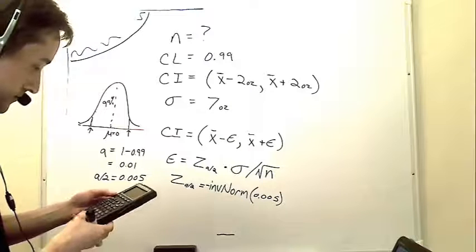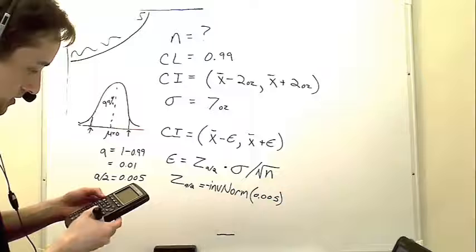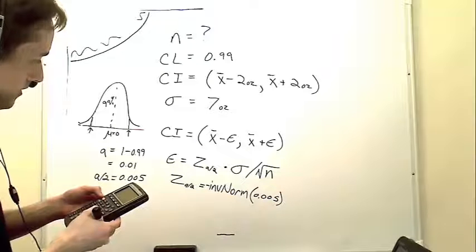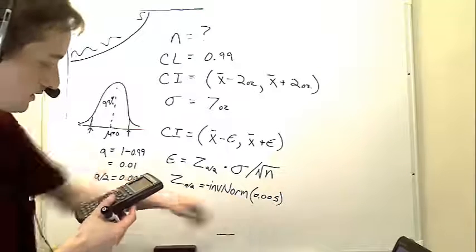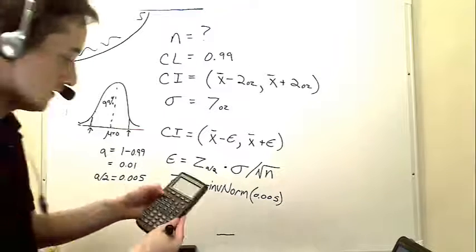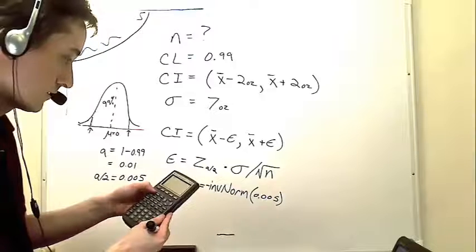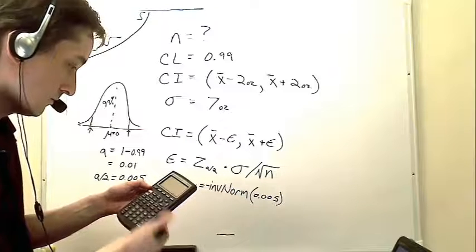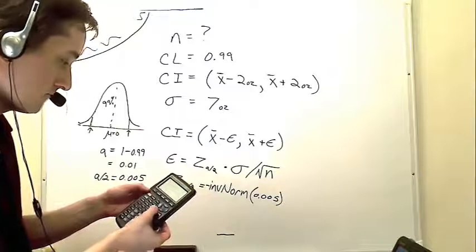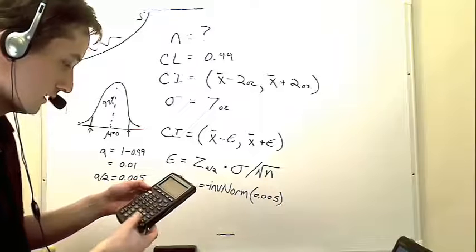So negative, and let's see, to get to that INV norm, you hit the yellow second button, go to the vars button, and select number 3.